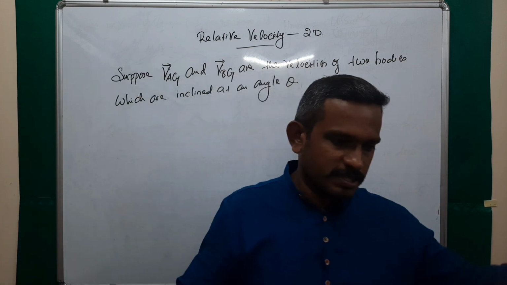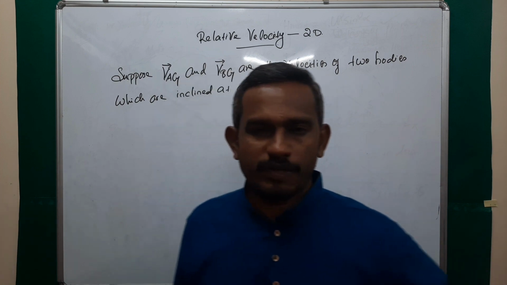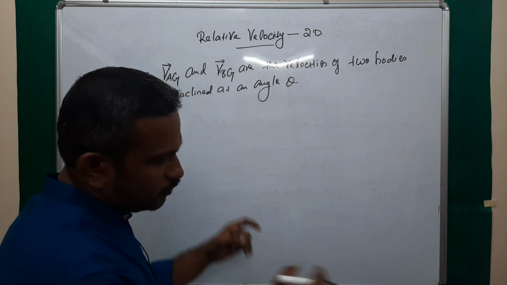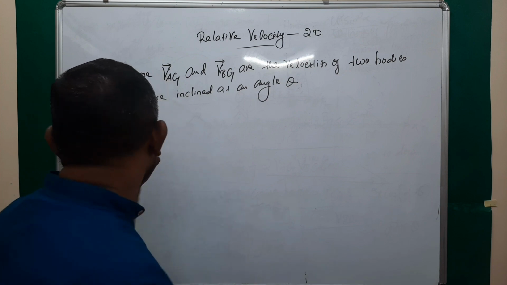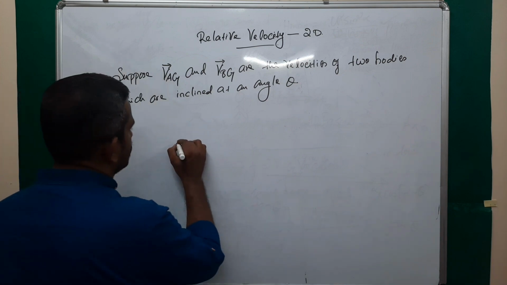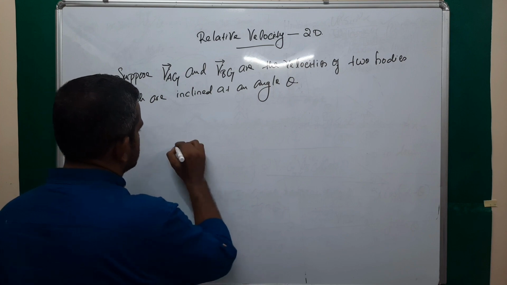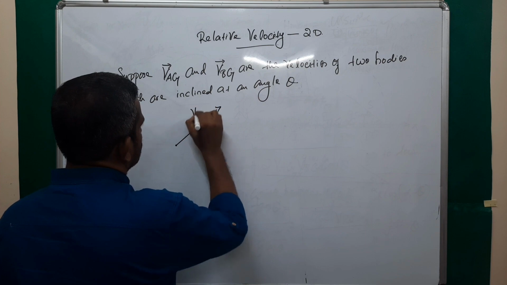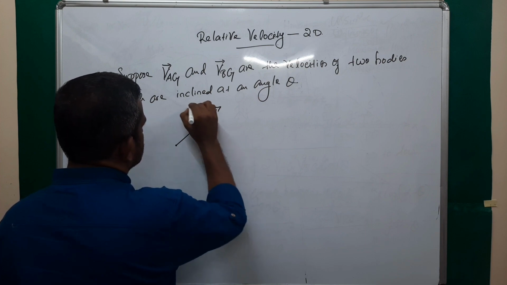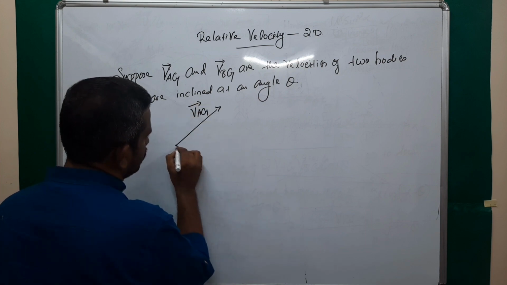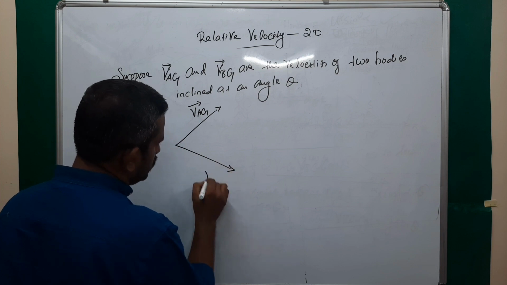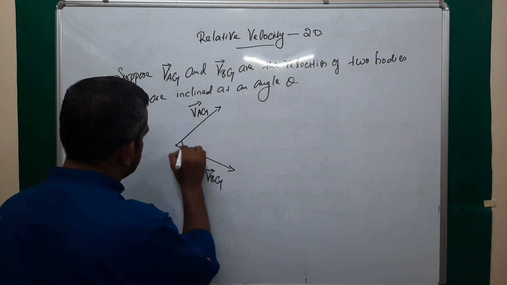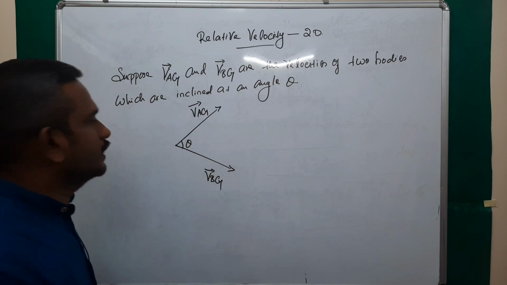That is the relative velocity in one dimension. The objects are moving in a straight line. So here, in two dimensions, the two velocities are inclined at an angle theta. It is like this: VAG vector and VBG vector are inclined at an angle theta.